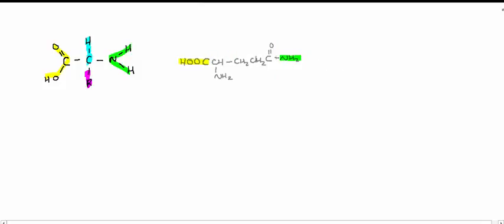So if we go back and we actually look for our alpha carbon, the carbon which is bonded to our carboxyl, it's got one hydrogen, and then it's bonded to our amine. So what we notice then is that this component here is actually our amino acid, so we want to redraw this structure in this configuration.